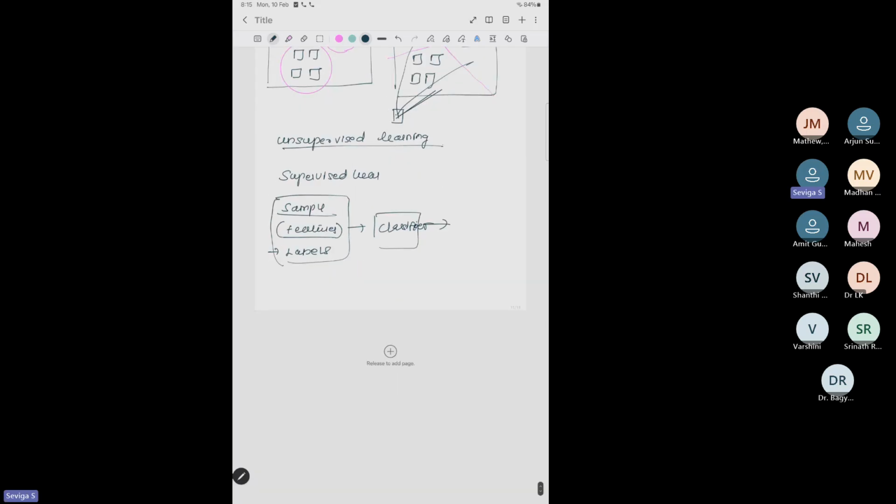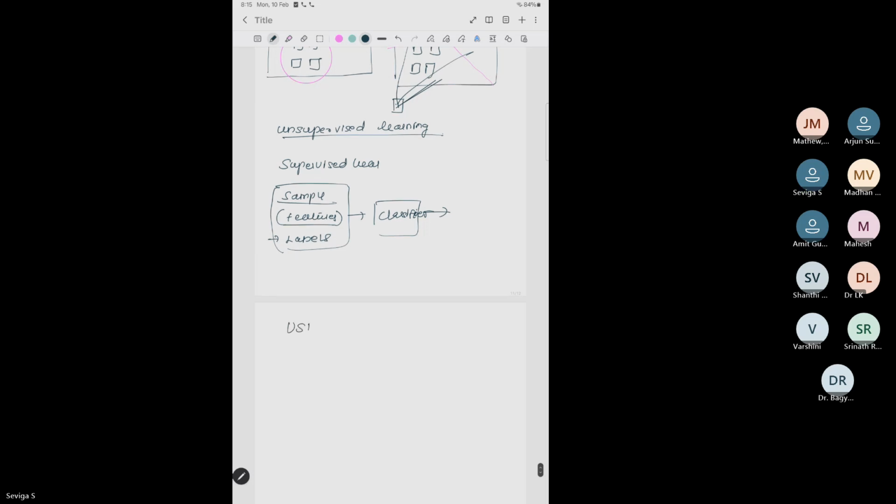This is one thing. Unsupervised learning means we will give the samples with only the features without the labels. We'll strip off the labels and give it to the classifier. The classifier will identify the clusters in the data points and then it will come up with its own regions or decision regions.